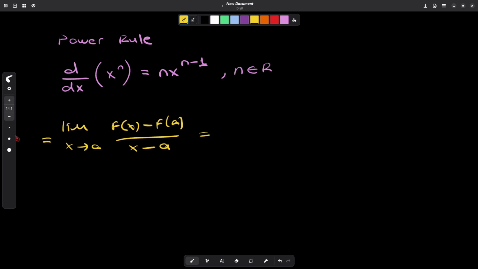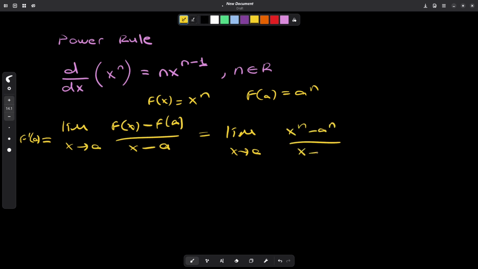What was this equal to? f'(a), right? The derivative at a. f(x) is equal to x to the n, f(a) is equal to a to the n. So this limit will be equal to x to the n minus a to the n over x minus a.